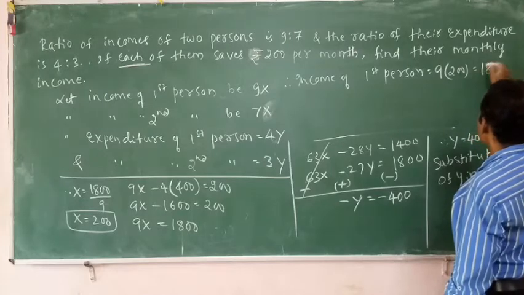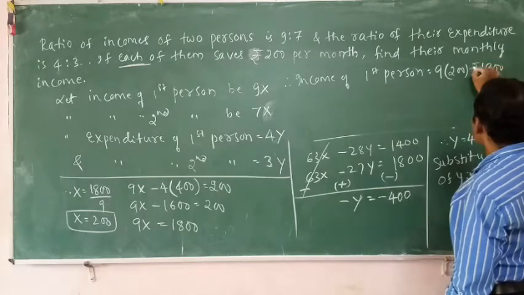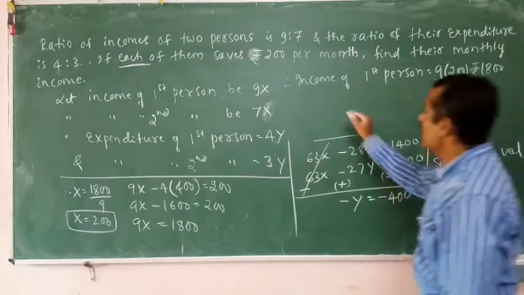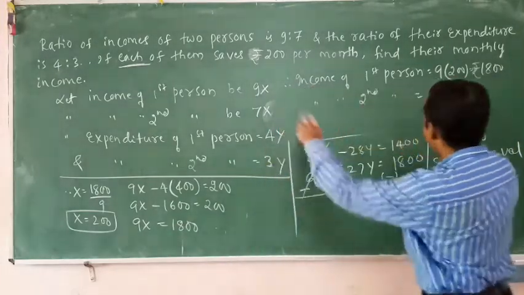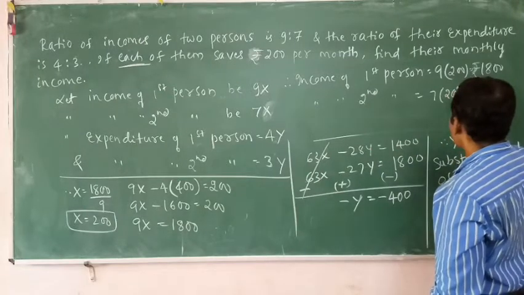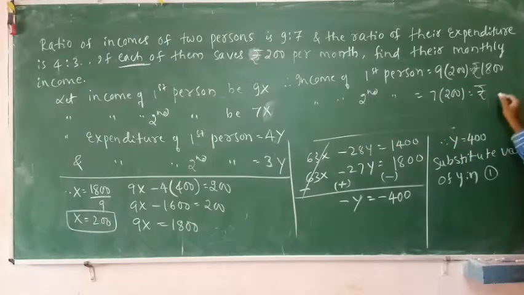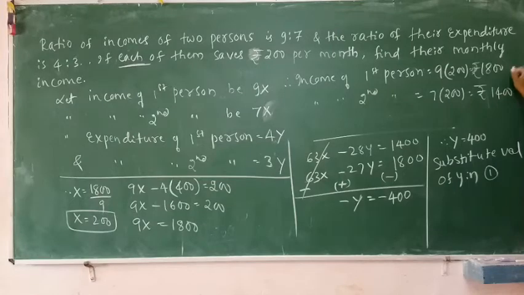Answer is 1800 rupees. And income of the second person is equal to 7x, 7 into 200. Answer is rupees 1400.